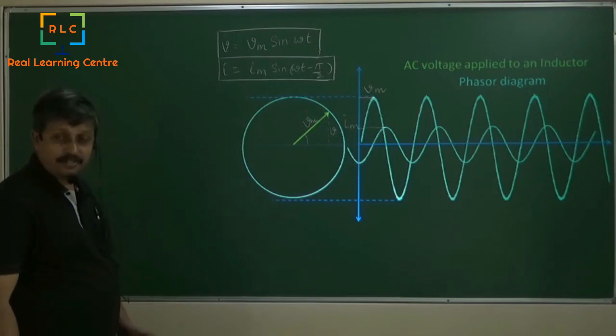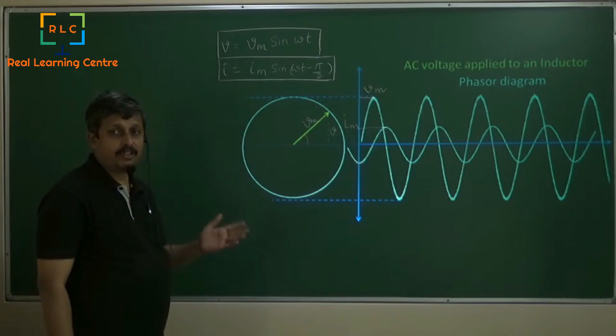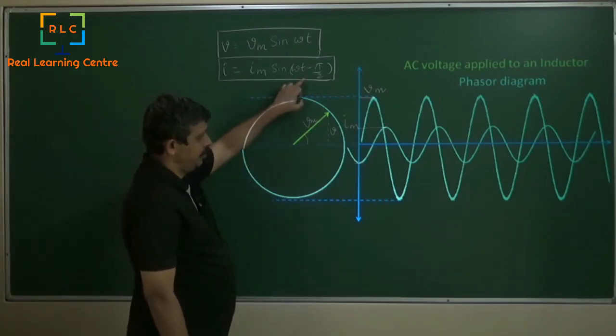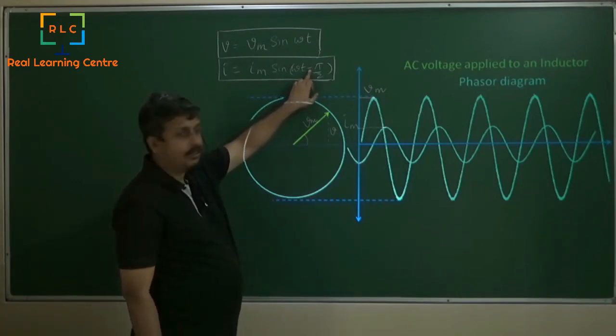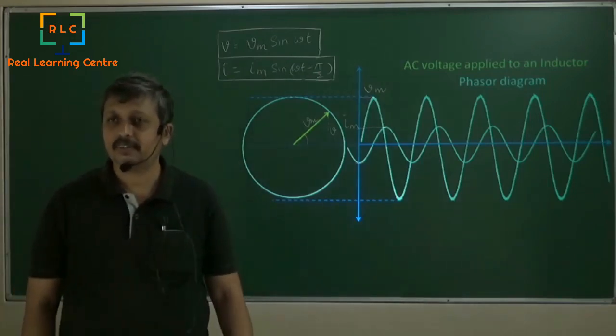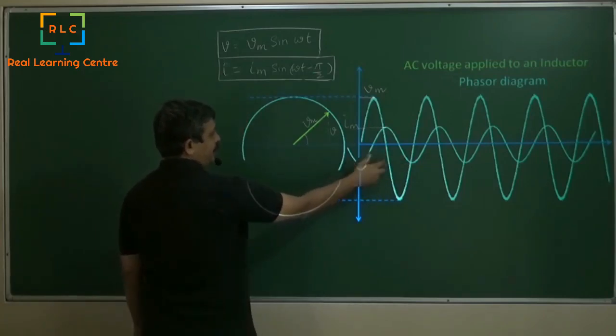But now because it is minus pi by 2, what is the meaning of that? That means that if you shift it left, minus means left, by pi by 2, it will align with the other one. So you take this, and just move it to the left by pi by 2.